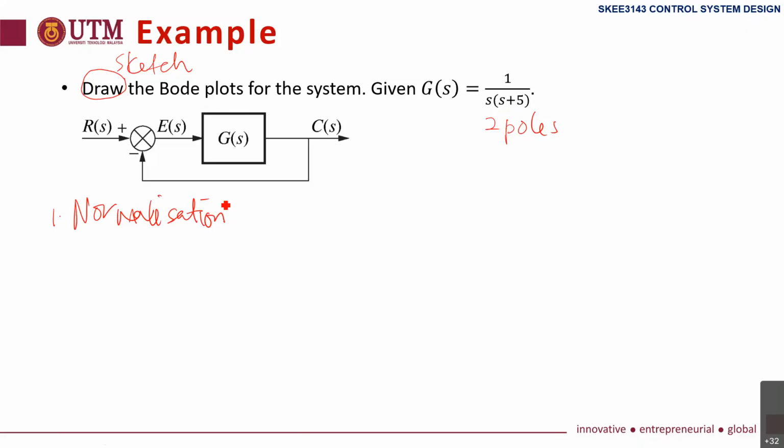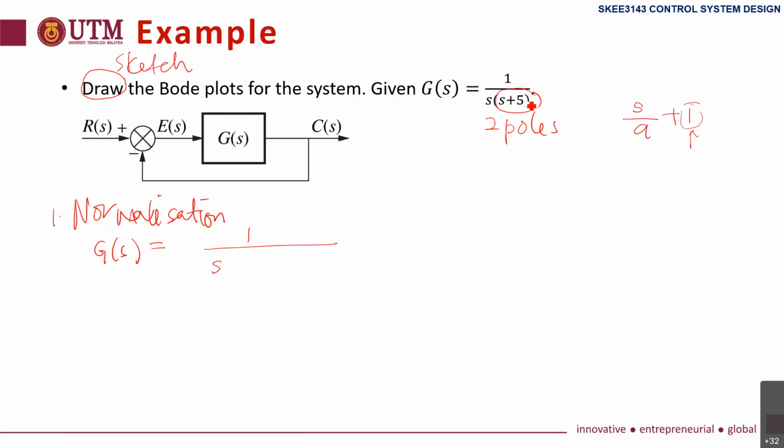So we want to transform them into the form that is easier for us to draw. Here, I want to transform 1 over s plus 5. Remember, the form that we prefer is s over a plus 1. We want to make sure we have 1 here.